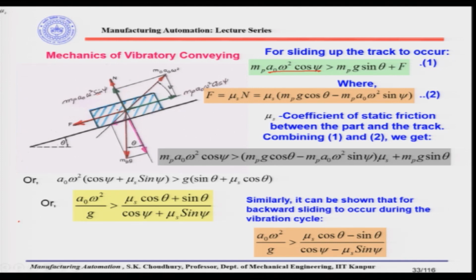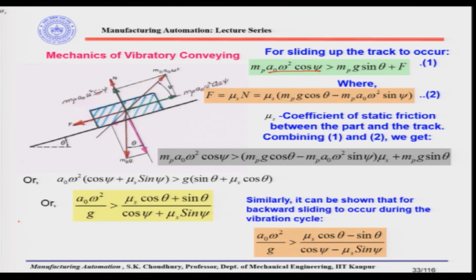So, for sliding up the track we have to have this condition satisfied, where F is the friction force, which is mu s, the static coefficient of friction between the part and the track, as I said, into the normal force here.